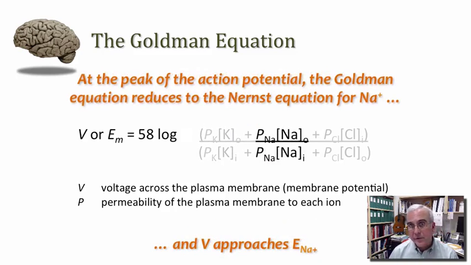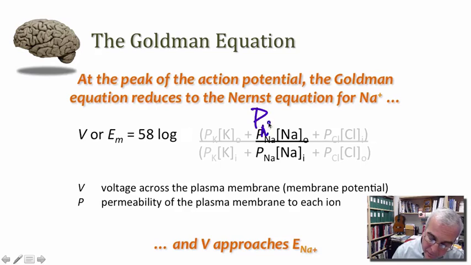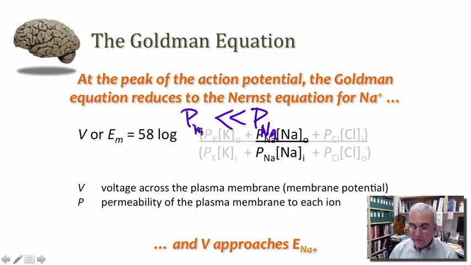At the peak of the action potential, the Goldman equation essentially reduces to the Nernst equation for sodium. That is to say, now the permeability for sodium is so much greater than the permeability for potassium that the potassium term essentially disappears. Now, we've not talked much about chloride, and that's because for all practical purposes in this consideration, the permeability for chloride is very close to zero.